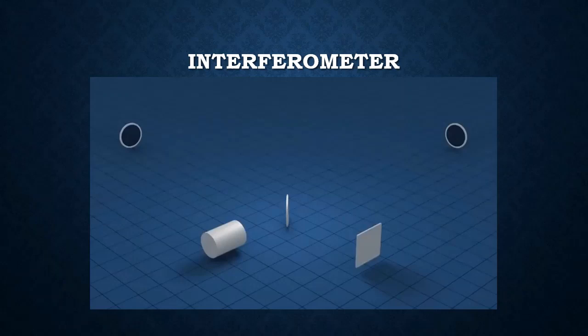So the light is transmitted and reflected in two different paths that create an upper beam and a lower beam, and these two beams get reflected, and then again pass through the same transmission and reflectance, and finally you have the detector.